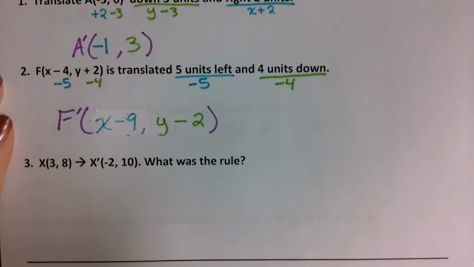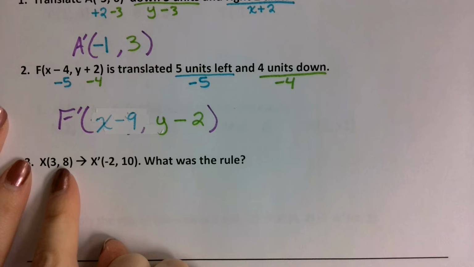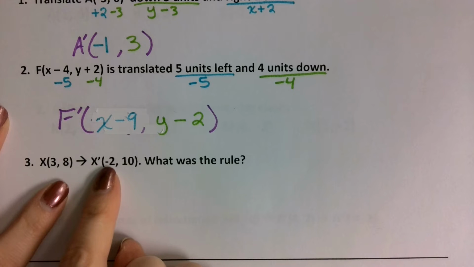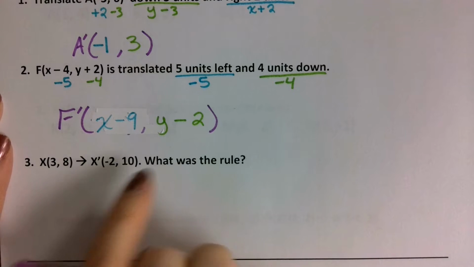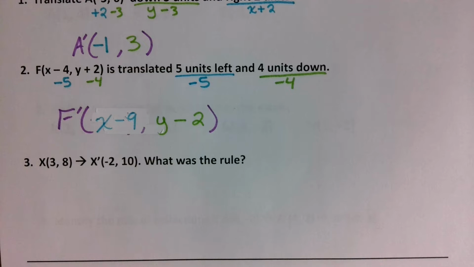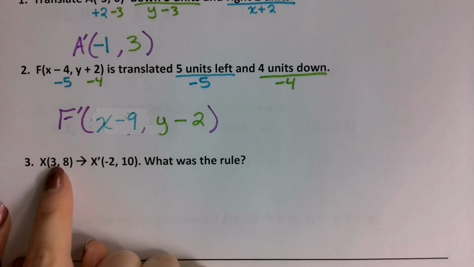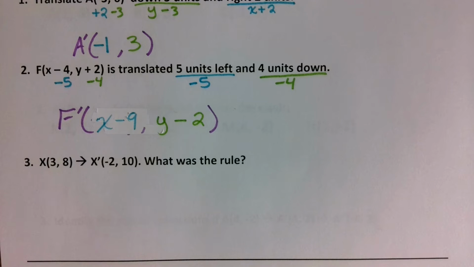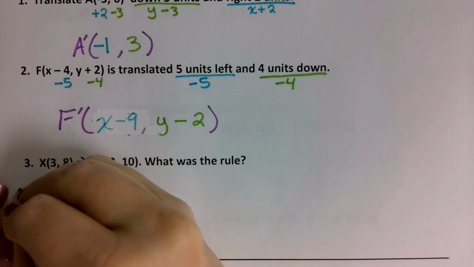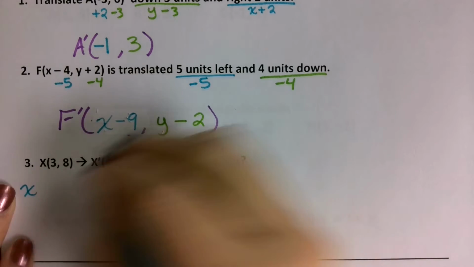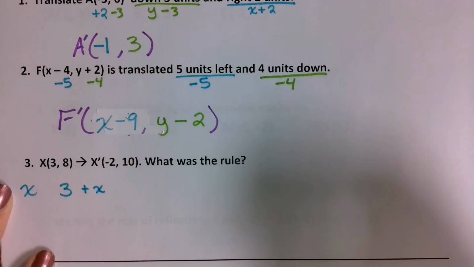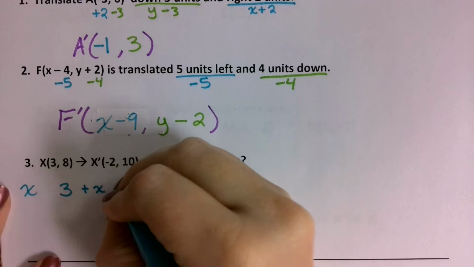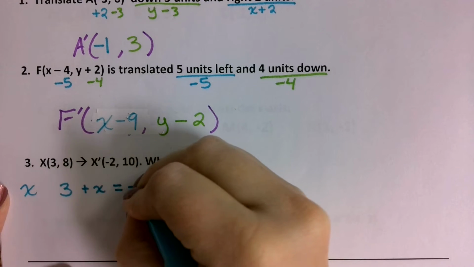Okay, and then problem 3, if x starts at 3, 8 and then it translates over to x prime, which is at negative 2, positive 10, we want to know what the rule is going to be. So for the x, we are starting at 3. We are adding some form of an x value or subtracting an x value to it in order to end up at negative 2.